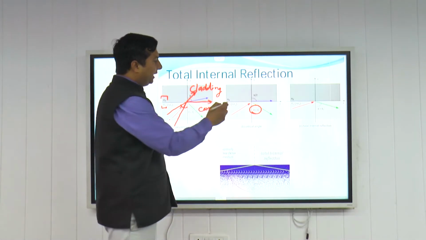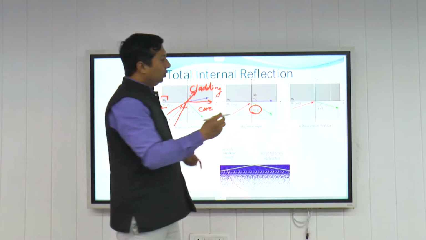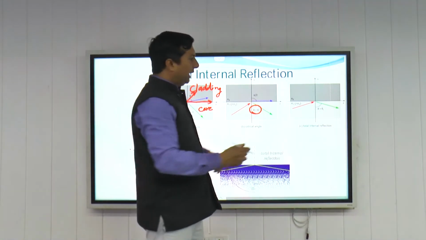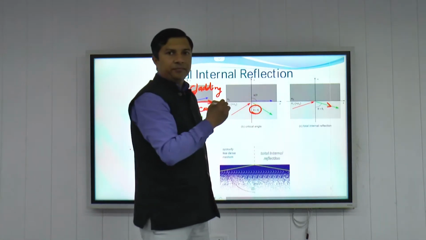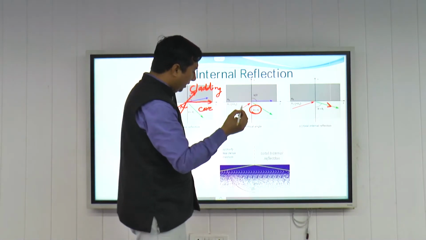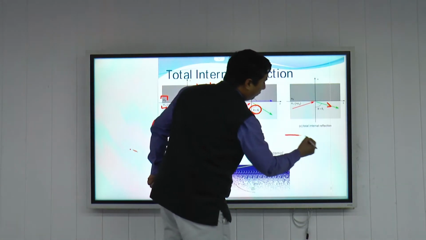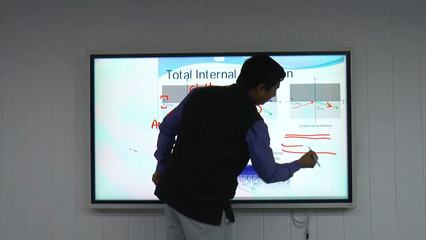If we further increase our angle of incidence, then your ray will move further away from the normal and it will return back to the same medium. And it will keep on moving, just like, let me show you this.